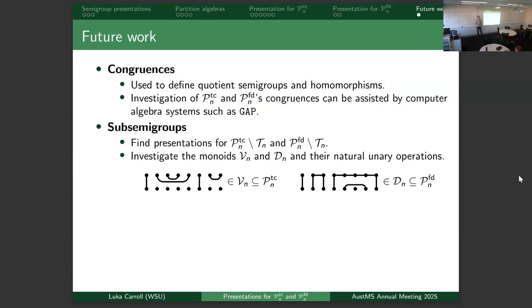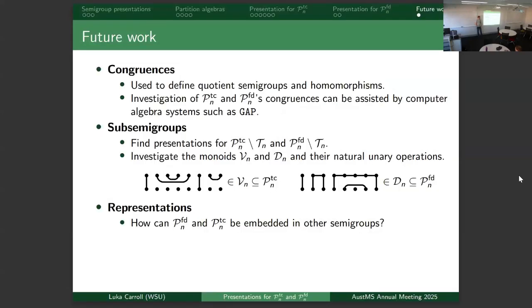They have a nice natural unary operation connected to them that would be worth investigating. Finally, it would be good to find ways to represent other objects using these partitions. We know how we can embed these monoids in other semigroups, but also how other semigroups can be embedded in these.